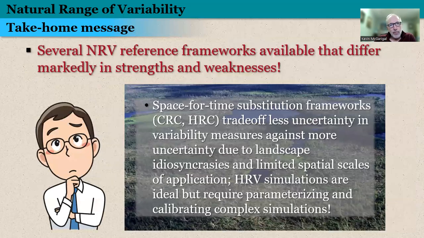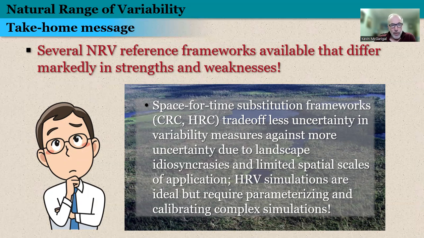Okay, so those are the major approaches, reference frameworks for describing and quantifying NRV. And the major take-home message for today's talk is that there are several NRV reference frameworks available, and they differ markedly in their strengths and weaknesses.